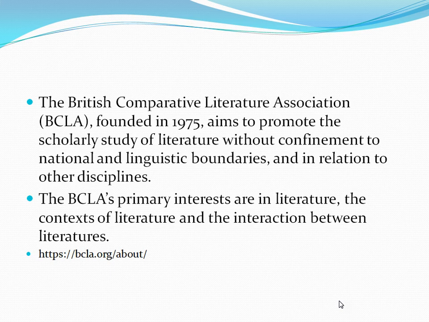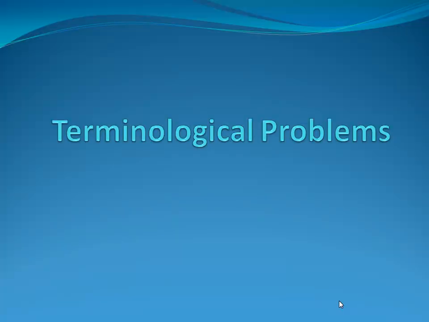British is derived from Britain, but there is another entity, the UK, which is an entity of 4 states, and Britain is a part of the UK. So what will British comparative literature mean? That question came up in discussion, and for this reason there is a problem in how we will call it British comparative literature.